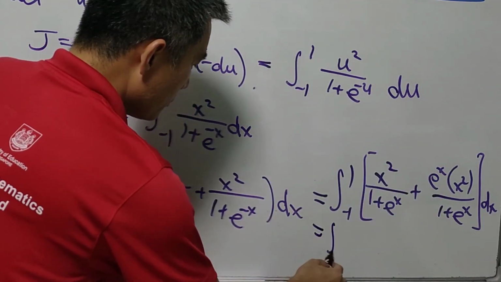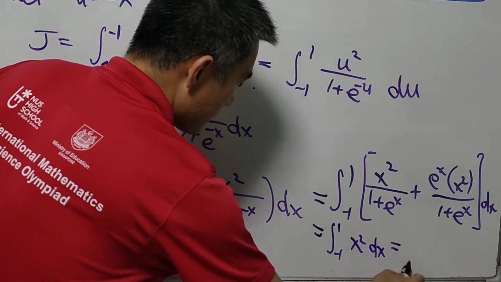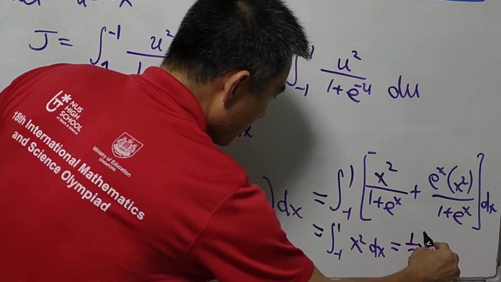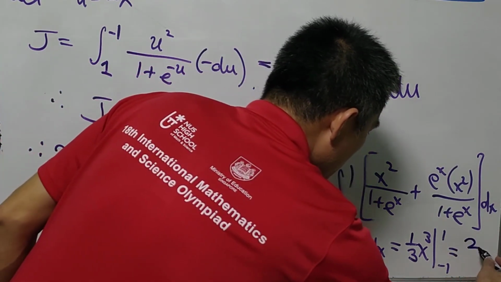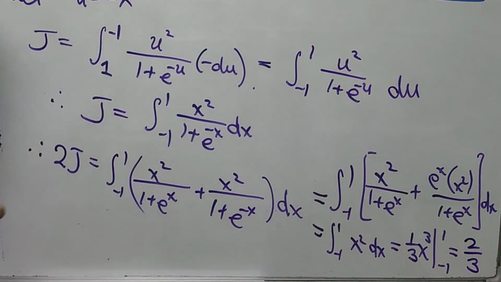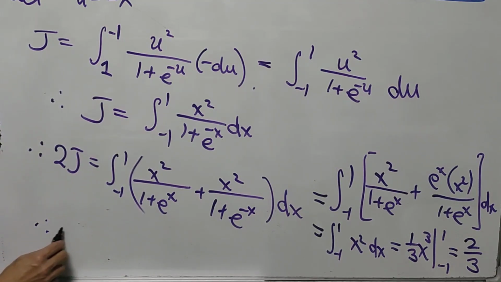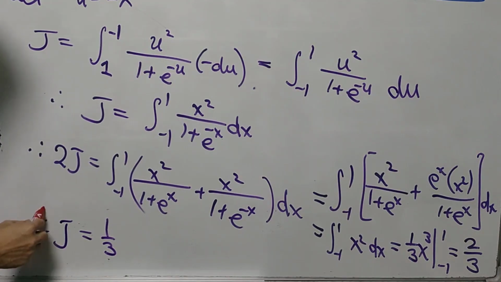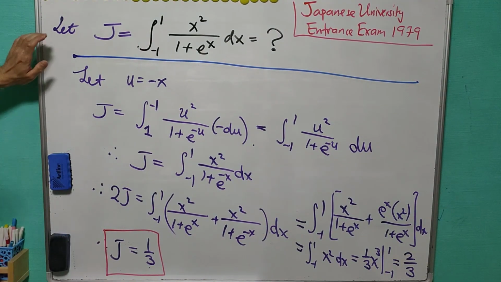So this will be equal to the integral from negative 1 to 1 of x squared dx, which is equal to 1 over 3 x to the power 3 from negative 1 to 1, and this is equal to 2 over 3. Now 2J equals 2 over 3, and therefore J equals 1 over 3. So 1 over 3 is our answer for this question.